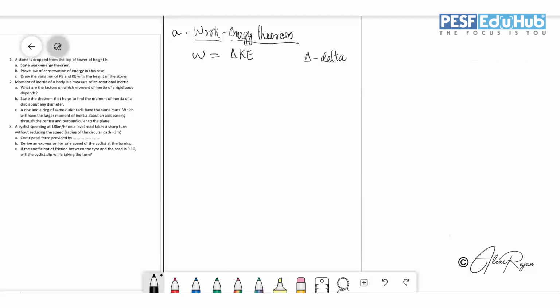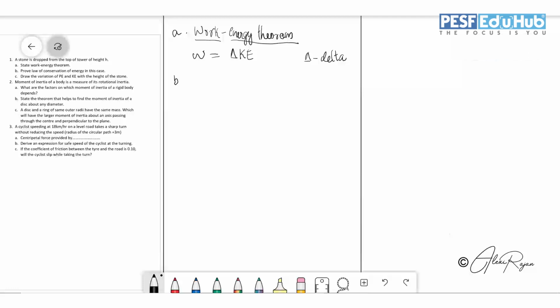So this is the work energy theorem. It can also be applied for gravitational potential energy, that is, work is equal to change in gravitational potential energy. But for the exam, for these questions, you write W is equal to delta kinetic energy. So this is the first question.